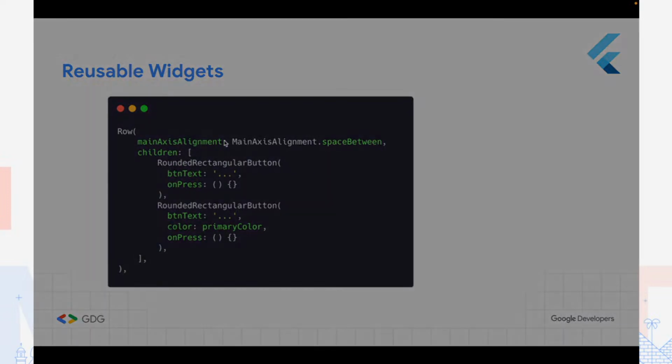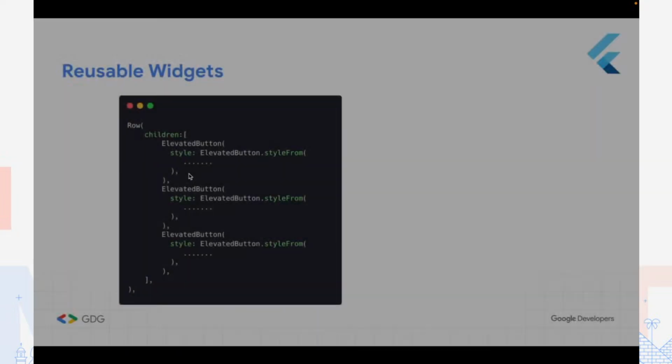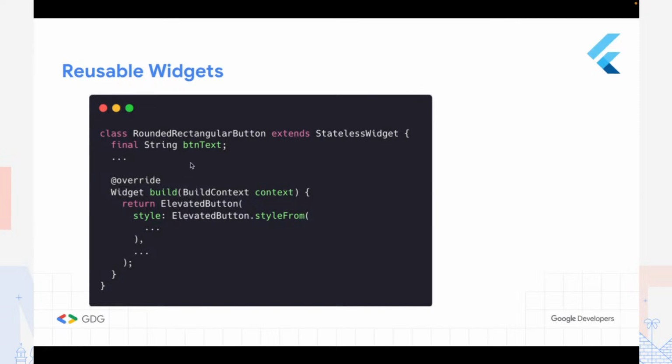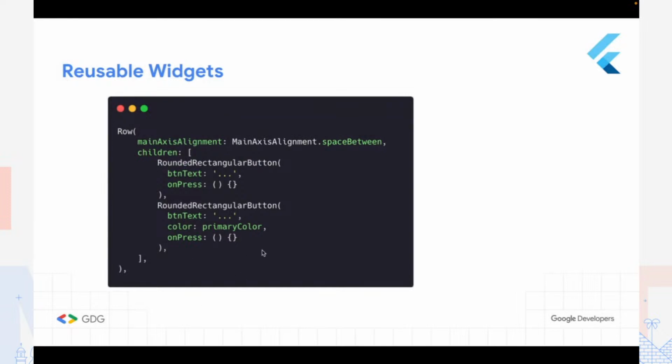So I have saved the time of writing all of the styling code. And if I have to change the primary color here, I don't have to change it for all the 3 buttons. I just go to this extracted rounded rectangular button, change the color, and automatically the color is going to be applied to all the widgets. So that's what design systems is about.